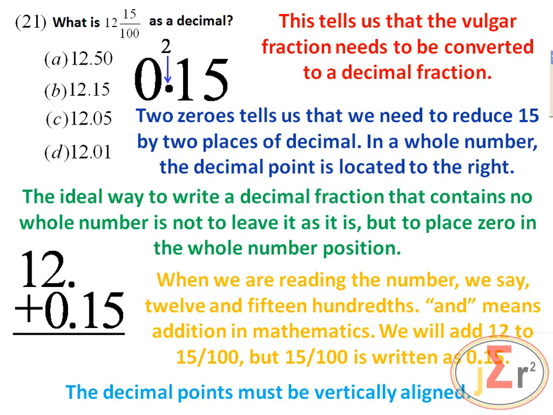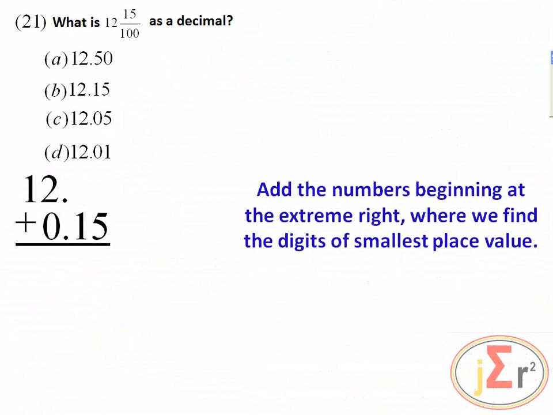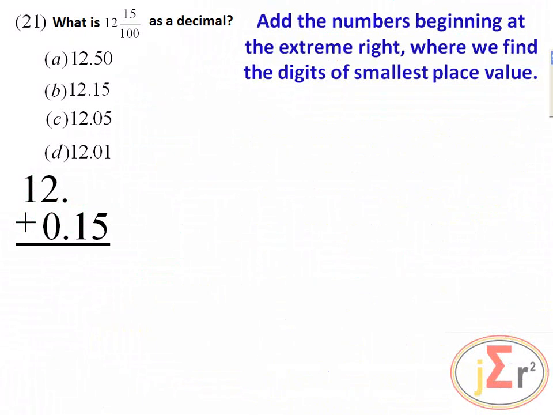So we vertically align those and we add. And this is one of the easiest kinds of addition that you will experience. Because in adding, what do we know? We will begin at the digit of least significance, the one that is located to the extreme right, the one that has the smallest place value, and that place value is hundredths.